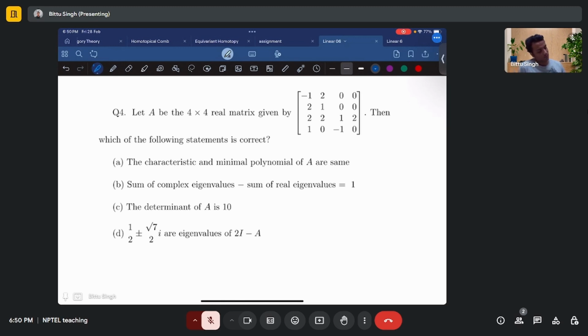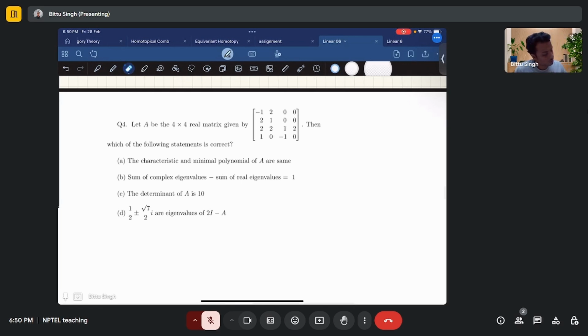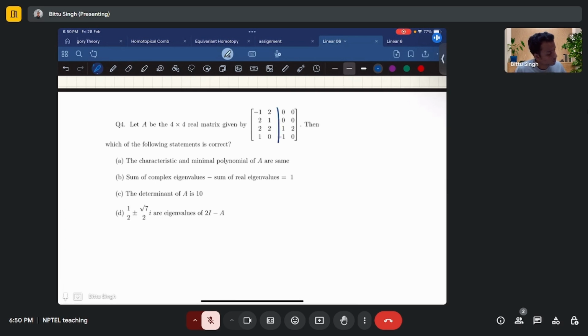Okay, so again, A is a block matrix. If we write it in blocks, then it is easier to find the determinant and all those things.